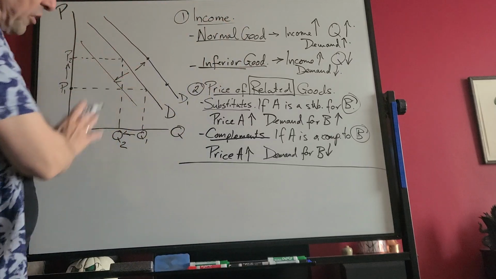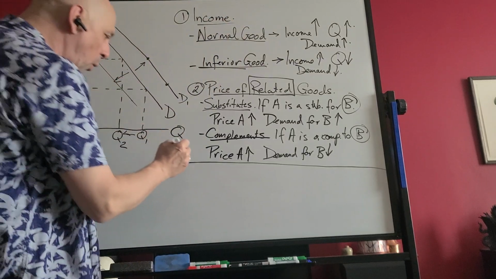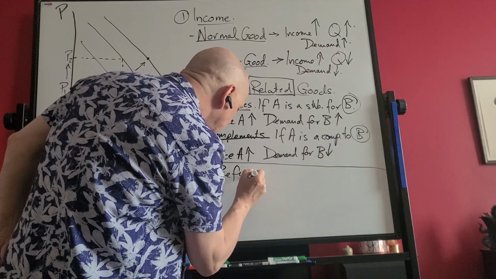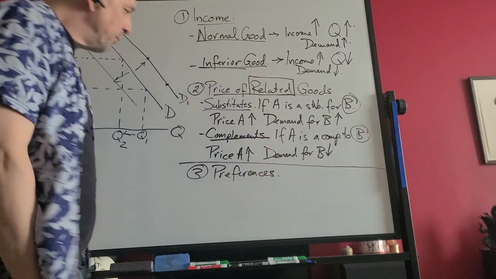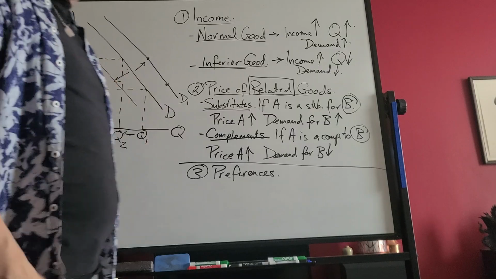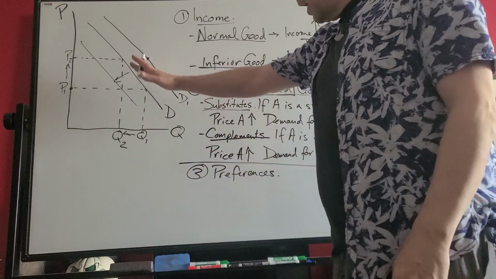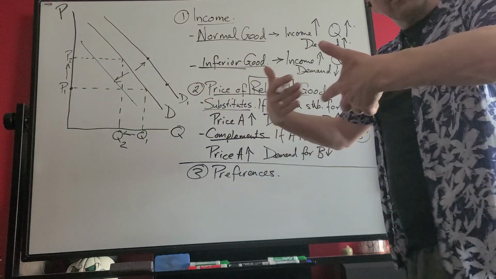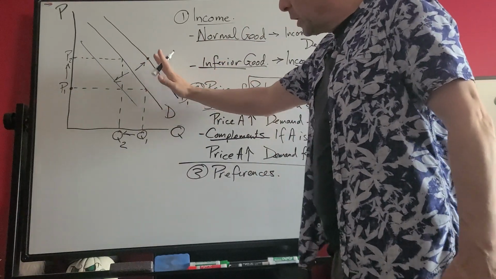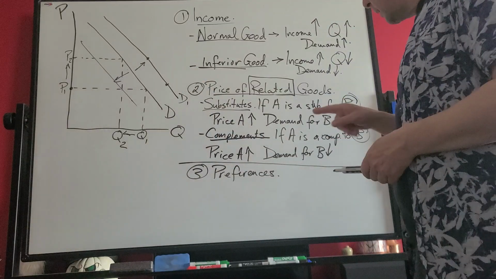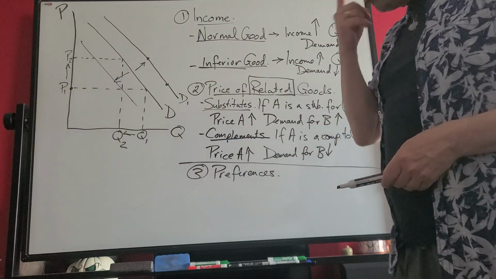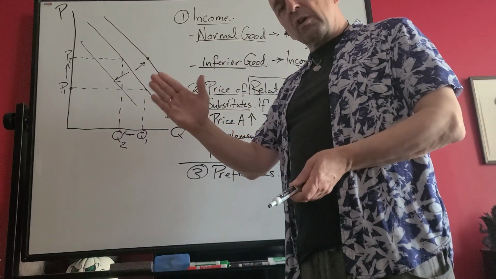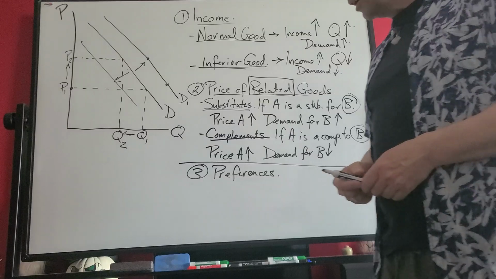And we have three more non-price reasons, things that will move this curve one way or the other. Another one is preferences. Right? If all of a sudden consumers decide that they like something, then it doesn't matter what the price is, they're going to demand more. So therefore, this will change. Remember, when we're talking about a change in demand, we're talking about a movement of the curve, which means that at all prices, the quantity demanded is going to increase.